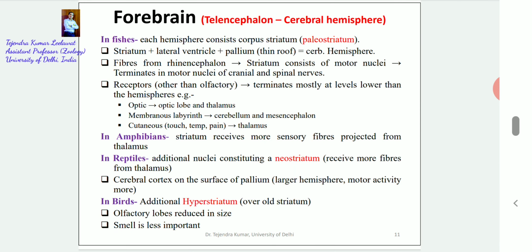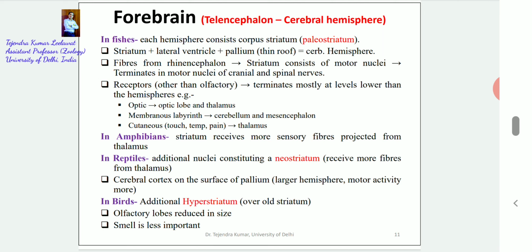Forebrain, telencephalon, and cerebral hemisphere. Okay, so we already discussed the rhinencephalon. Now coming to the cerebral hemisphere. In fishes, each cerebral hemisphere consists of corpus striatum, and the corpus striatum is of paleostriatum type.